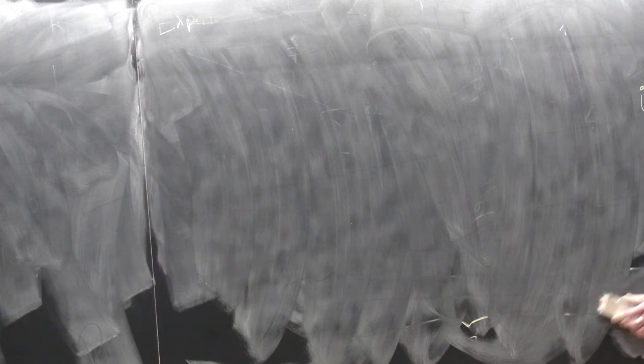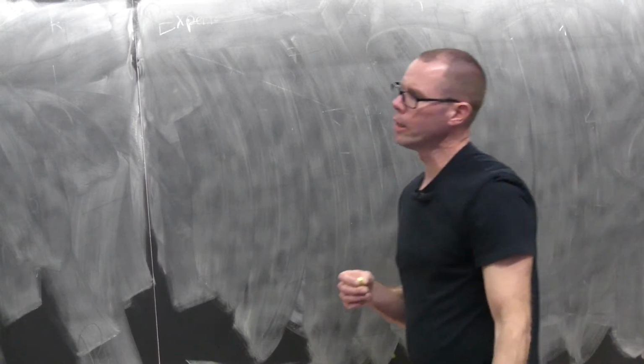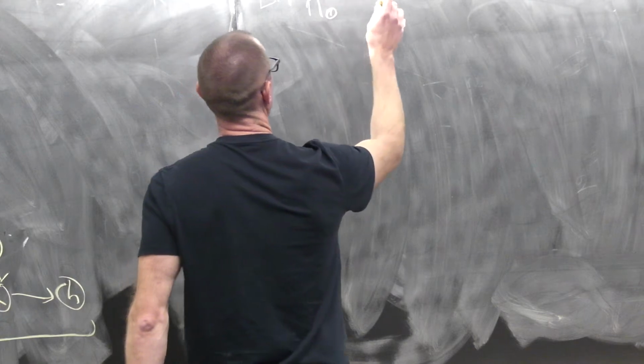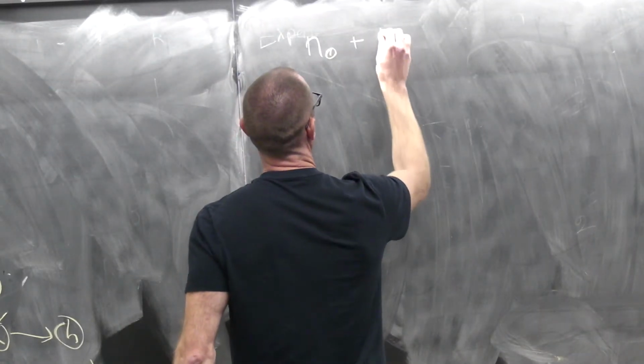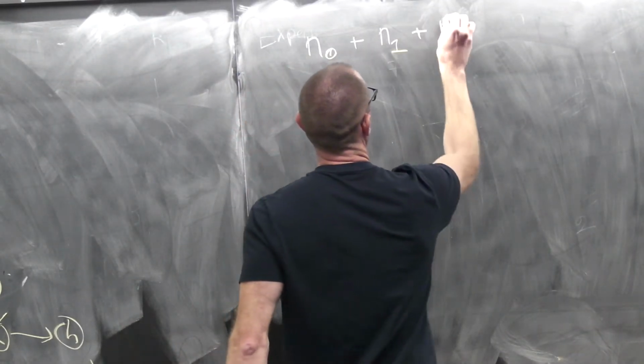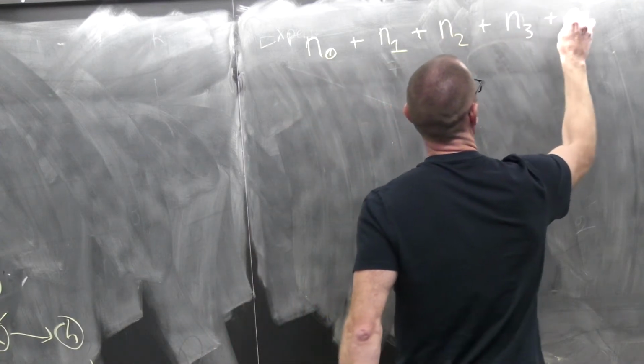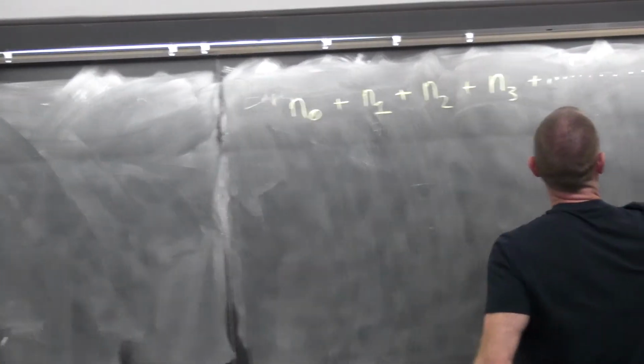And for that, something we're interested in is, how many things are in the list L0, how many things are in the list L1, how many things are in the list L2, how many things are in the list L3, and so on.